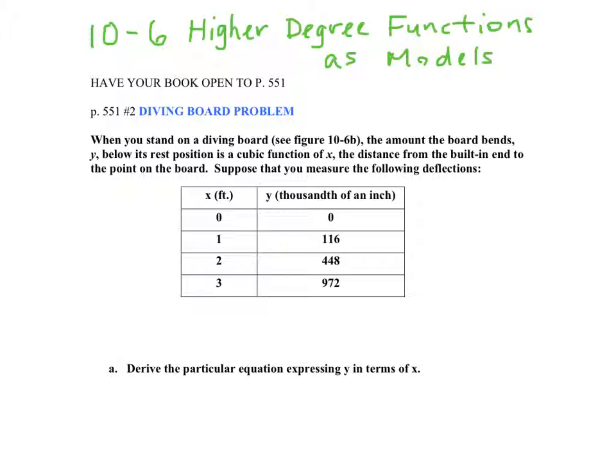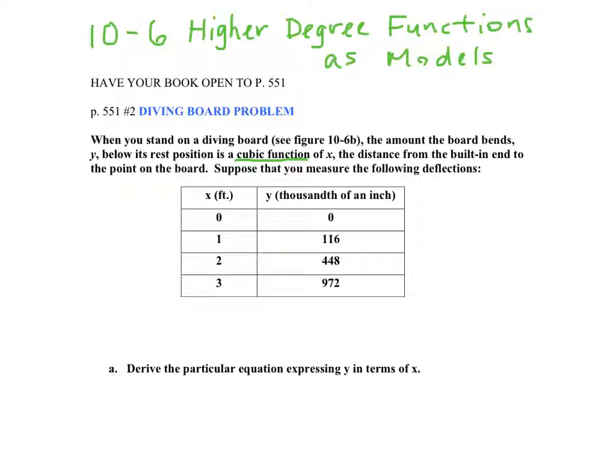What was one key phrase in those couple of sentences? You better have noticed that it is this cubic function. That is huge right there. Since it's a cubic function, what could the general equation be? Because we're going to have to derive the particular equation expressing y in terms of x.